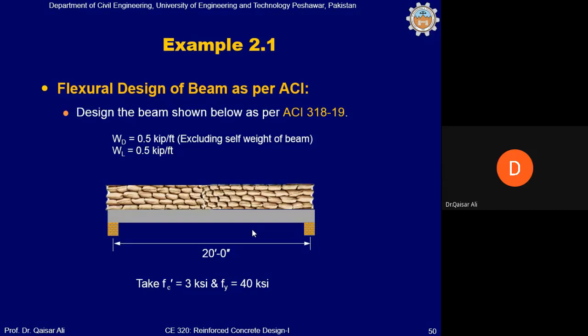Now you should pay attention to the design of this beam, because this is your first design problem. We will go in the design problem slowly so that you can understand different steps. If you have any question, you can just tell me your name and ask your question anytime. You can stop me and ask your question.